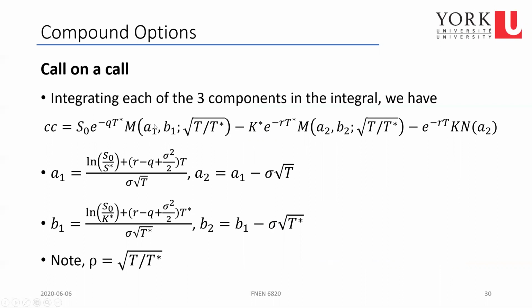You just need to have a bivariate normal distribution here in order to get the price. So I'm not going to go through the math. You can figure them out. We have enough material to figure them out.